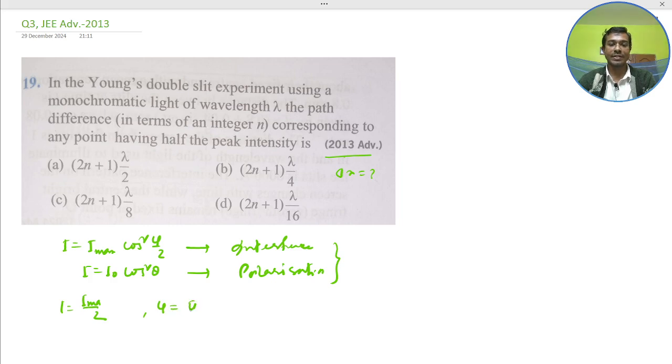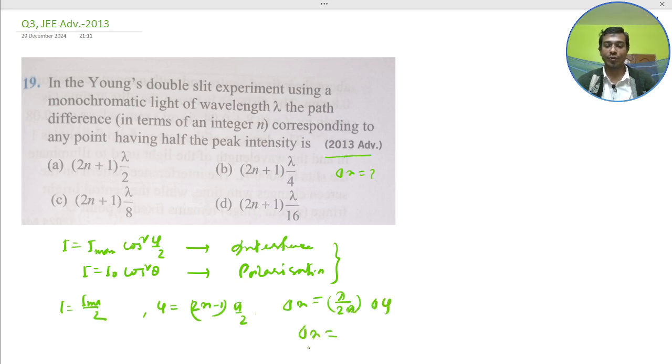So the phase difference would be (2n minus 1) into pi by 2, an odd multiple of pi by 2. Phase difference equals 2 pi by lambda into path difference. So path difference equals lambda by 2 pi into the phase difference.